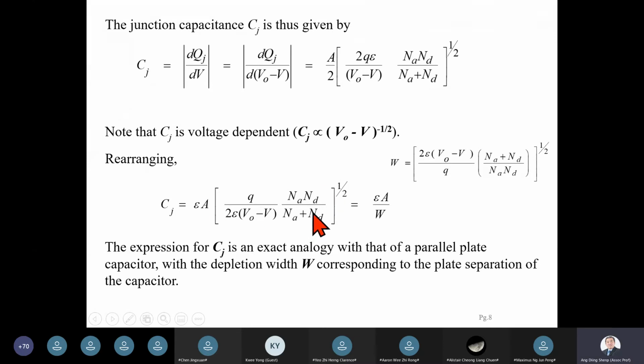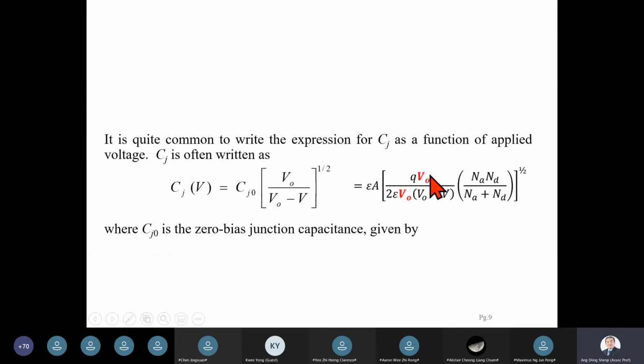Now, if I include the V naught in the numerator and the V naught in the denominator, I can then group V naught over V naught minus V, square root, separately, and the remaining terms would represent the junction capacitance at zero bias. You can easily see that if you manipulate the algebra slightly.